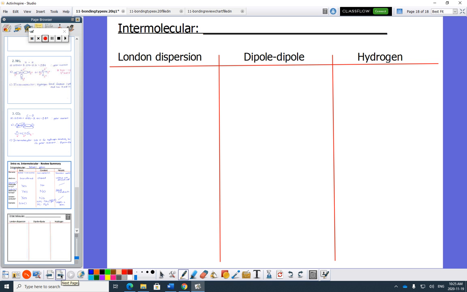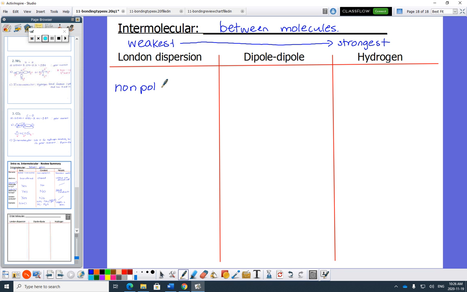Okay, then intermolecular, between molecules. This is the weakest. I know there's a big chart here, but I think we should keep it as simple as possible, okay? So we'll say London dispersion, nonpolar.